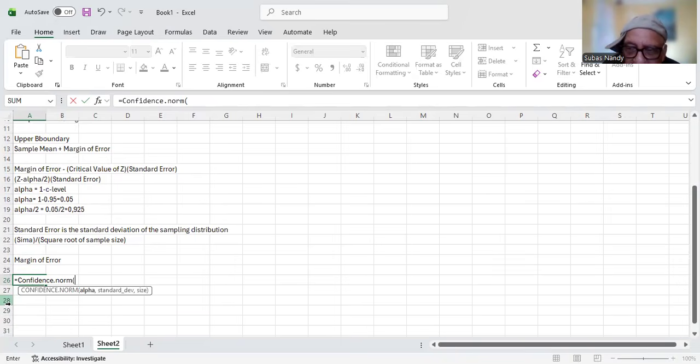Remember, the alpha value in our case is 0.05. So we will write 0.05, comma, standard deviation in our case is 0.08, comma, sample size is 25, and hit enter.